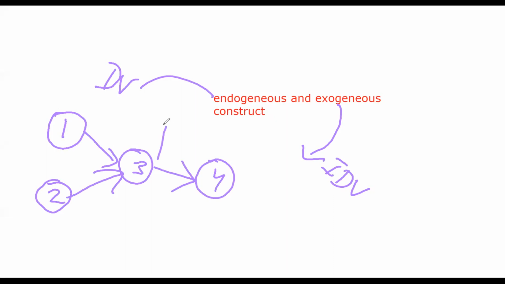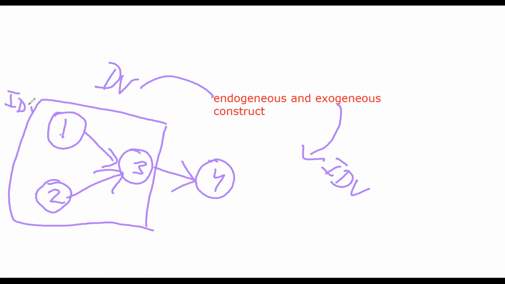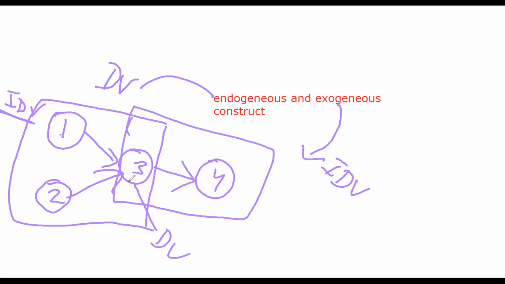For the relationship among 1, 2, and 3, 1 and 2 are acting as IDV and 3 is acting as DV. Now for the relationship between 3 and 4, again 3 is acting as IDV and 4 is acting as DV.